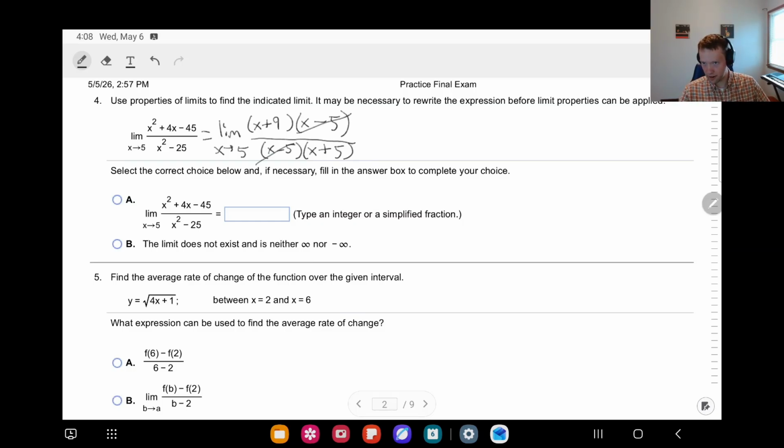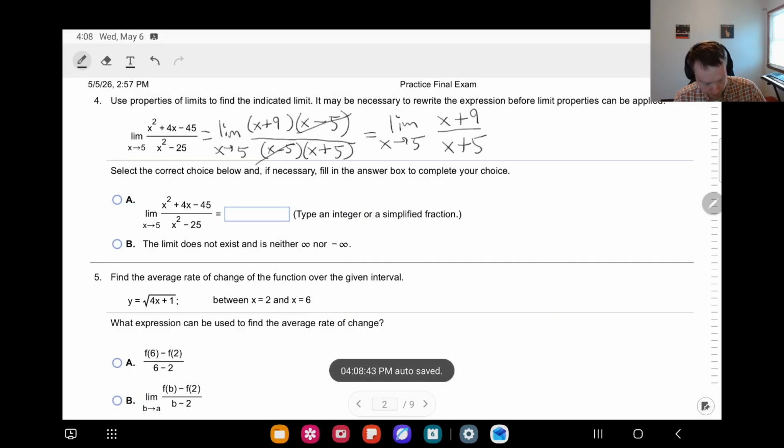So the x minus 5s cancel. And now we have a new limit, or it's written in a new way, of course. It's the same ultimate answer. But now we're free to just plug in 5 for x.